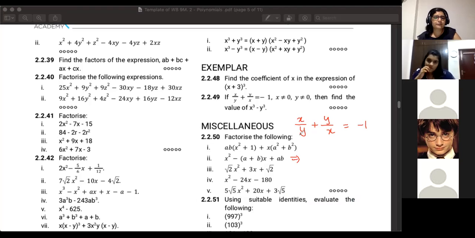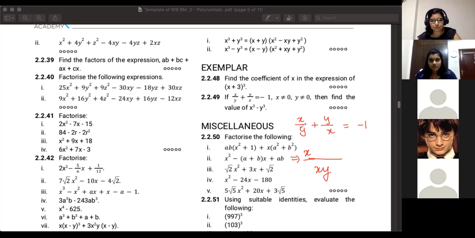दोनों का LCM क्या होगा? x and y. xy. Yes, xy will be the LCM, x into y. Then numerator में, sorry, this is x upon y.